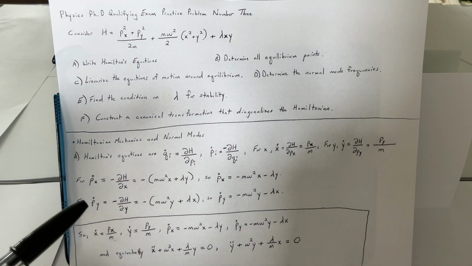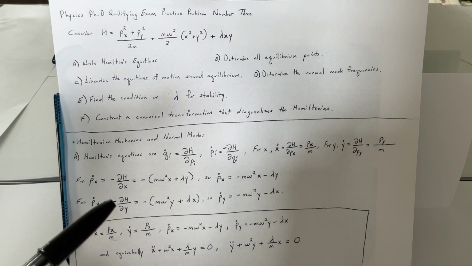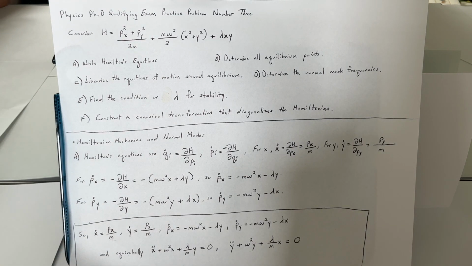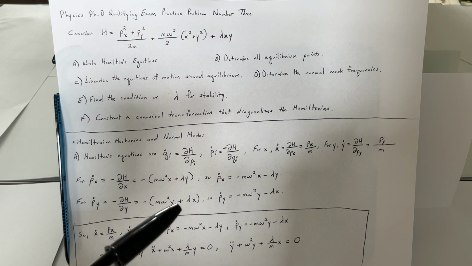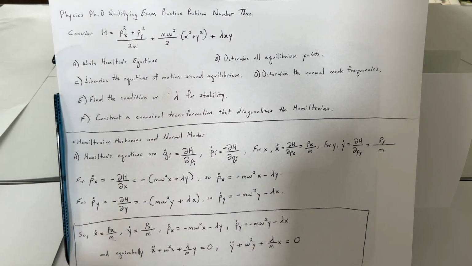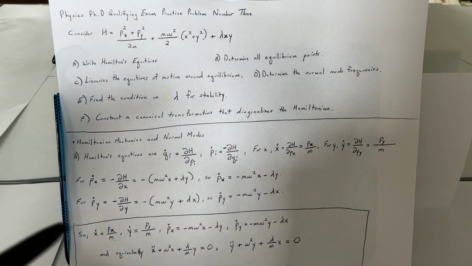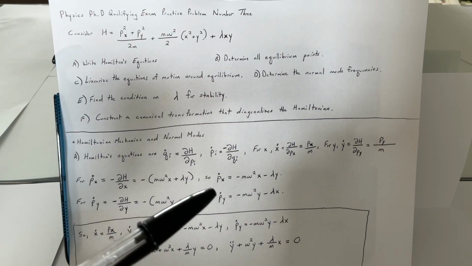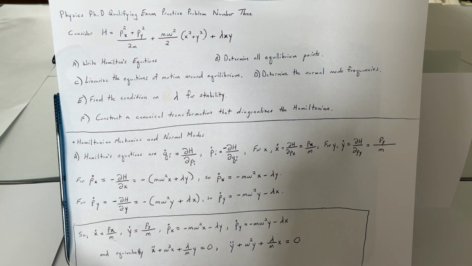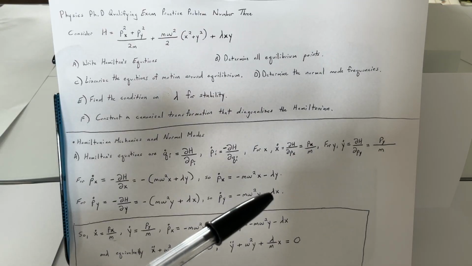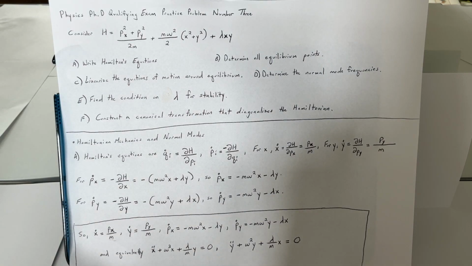And for p_y dot, that's equal to negative partial H with respect to y. That equals negative this sum of m omega squared y and lambda x. So p_y dot equals negative m omega squared y minus lambda x.